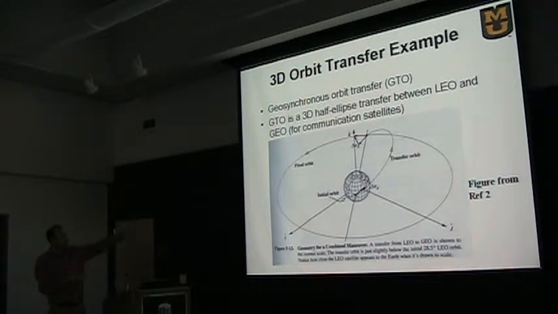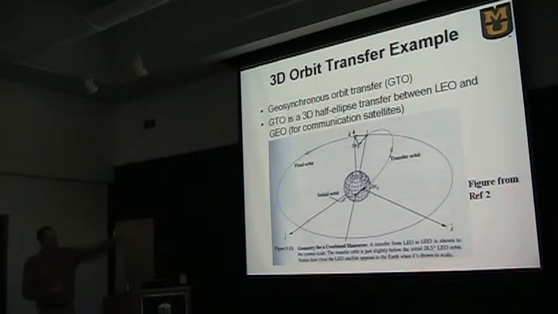So you want to get to the plane of the final orbit, but the initial orbit, if you launch from the United States, is inclined at 28.5 degrees because that's the latitude of Kennedy Space Center. So you have to go on this transfer orbit that goes north, I guess you would say, in the northern hemisphere. It's a three-dimensional transfer, and then half of an ellipse later, it hits the final orbit.